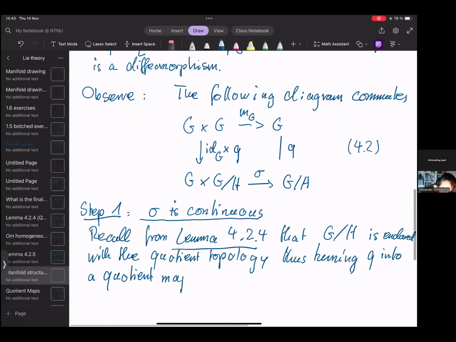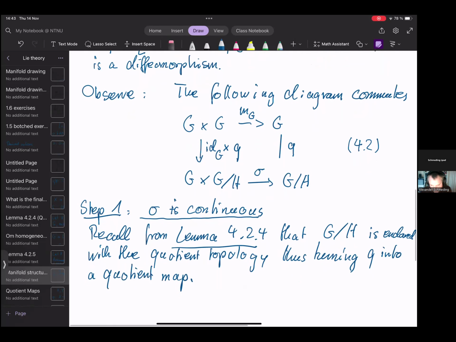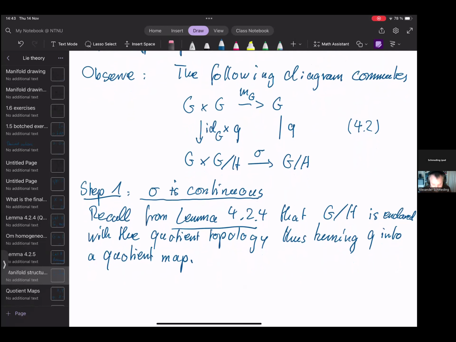If you don't recall what quotient maps are, we have also a small reminder video about this topological concept.